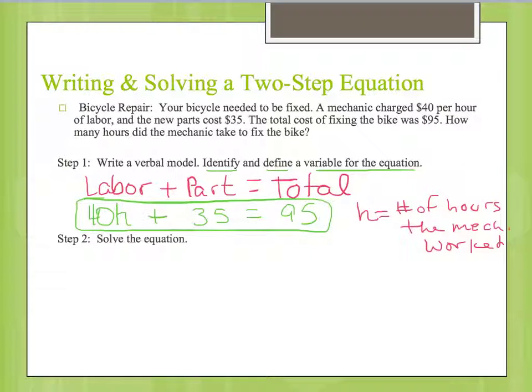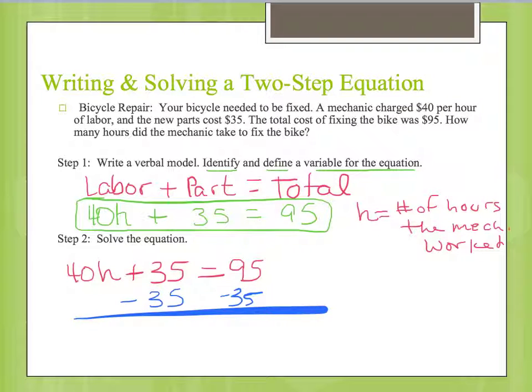Now I'll go on to the final step, which is just simply solving the two-step equation, which we've been doing in this whole lesson. So 40 times h plus 35 needs to be equal to 95. I'm going to subtract 35 from both sides first. And in doing that, I'm going to be left with 40h is equal to 60.